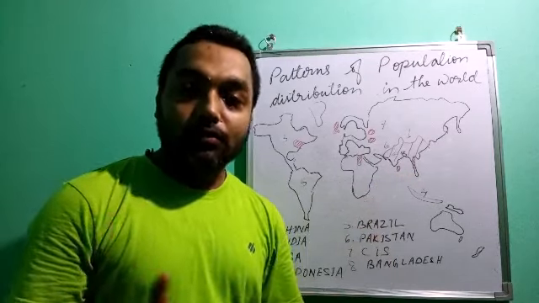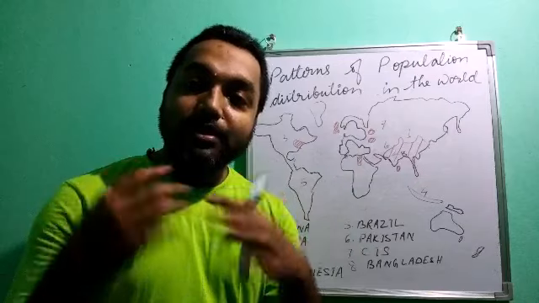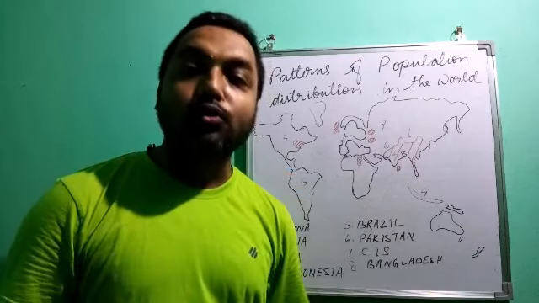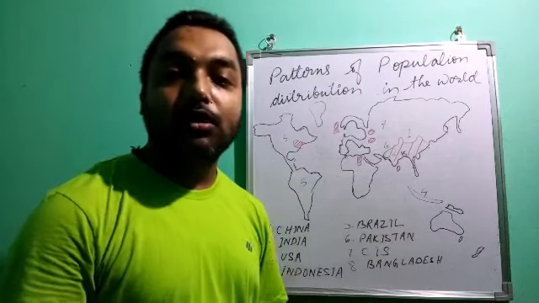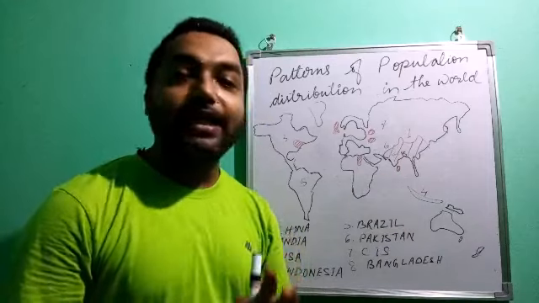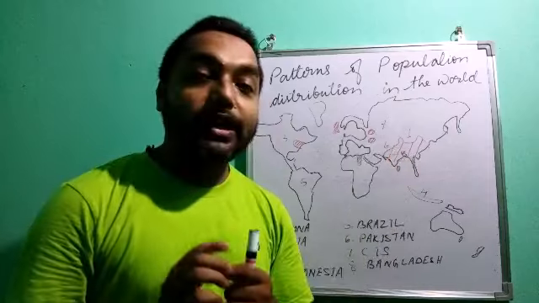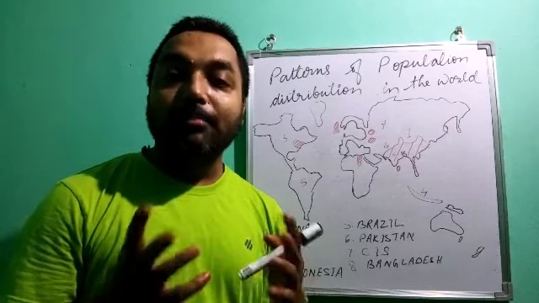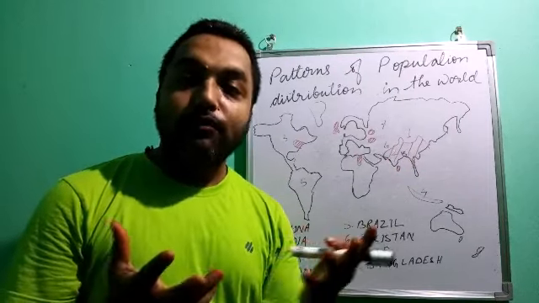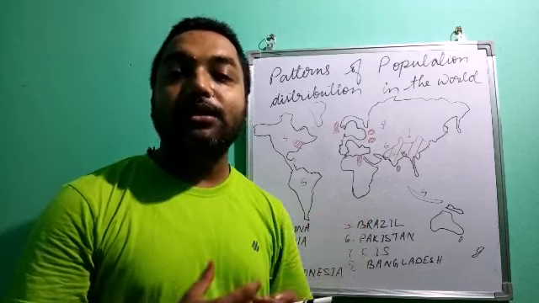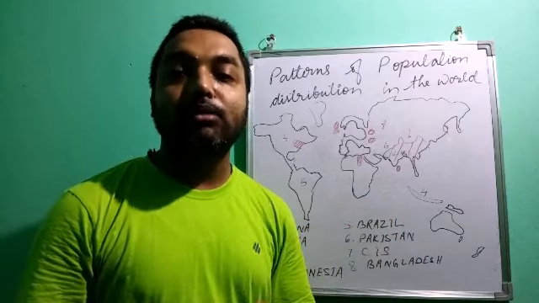So in the whole world, around 90% or 92%, 93% of the world population live in these areas only, which is very highly populated. Mostly in the Southeast Asian countries where the climate, the suitable condition for living, agriculture and other things, everything is very easily available here.